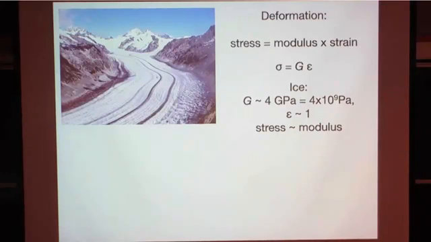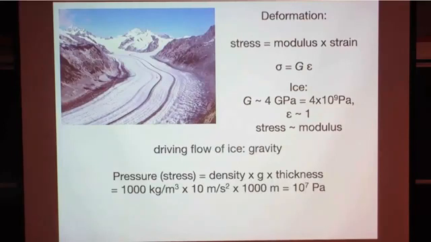So the driving force is gravity here, and then we can calculate the pressure or stress, which is just rho g h: density times acceleration of gravity times the thickness of the glacier. So density of ice, just round numbers, 1,000 kilograms per cubic meter, acceleration due to gravity, let's assume a thickness of 1,000 meters, and then you get a stress that's about 10 to the 7 pascals, right, with these round numbers.